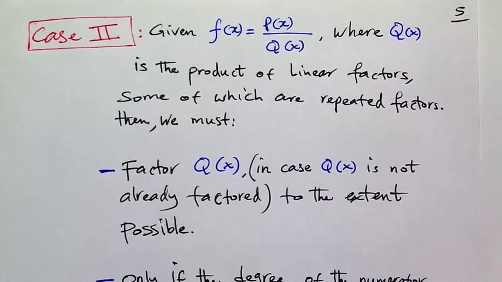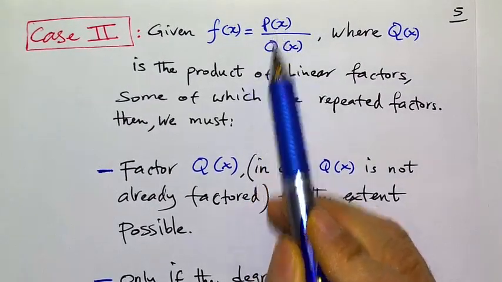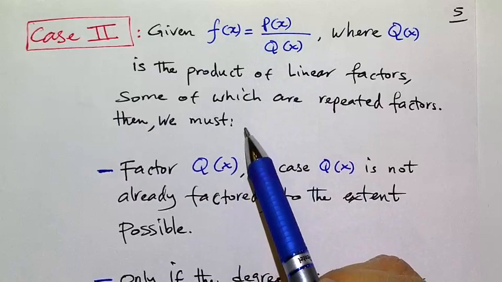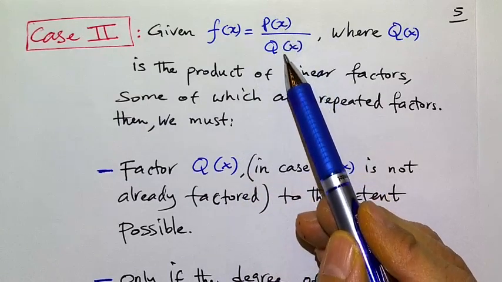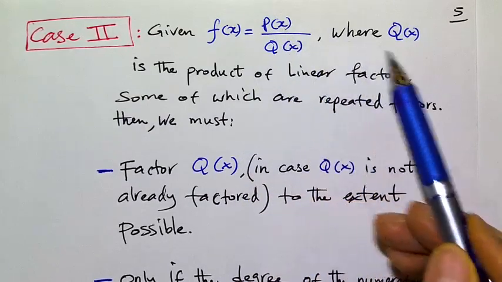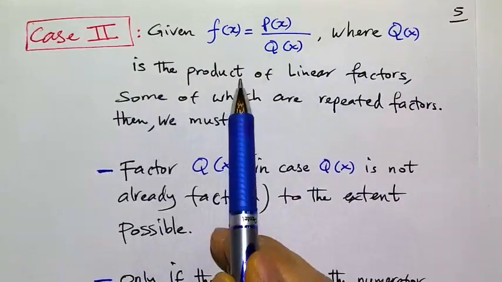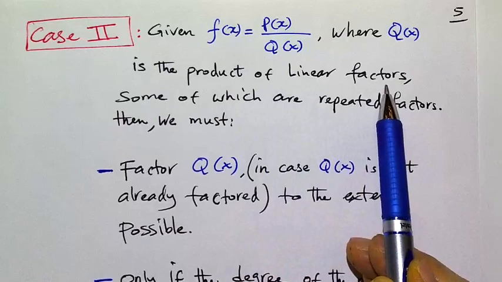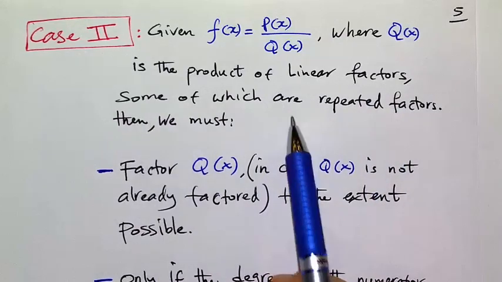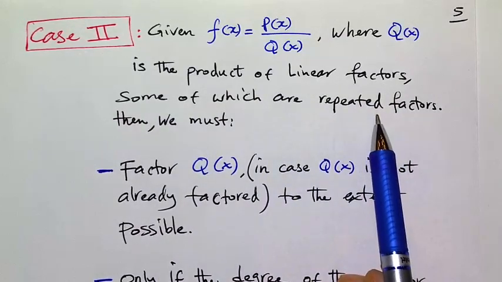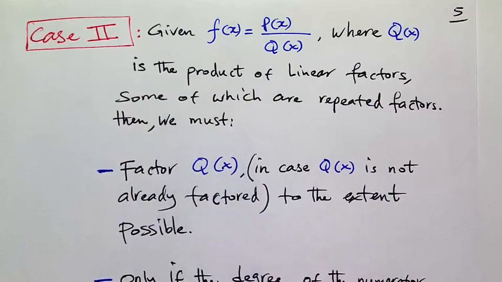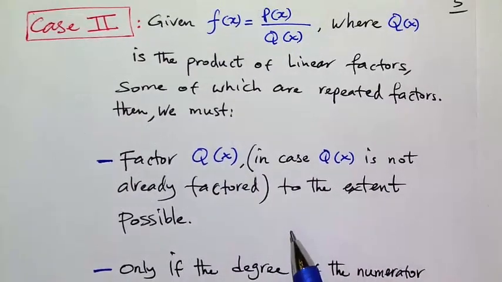It says, given a rational function like that, with polynomial on top, polynomial in the denominator, such that q of x, which is the denominator, is the product of linear factors, some of which are repeated factors, then we must do this. Before this, let me show you what I mean by repeated factors.